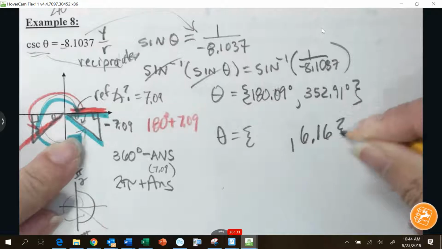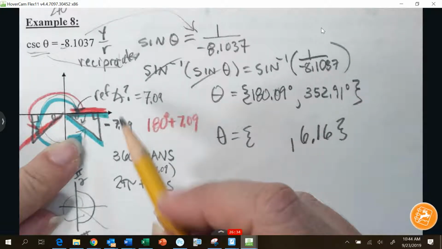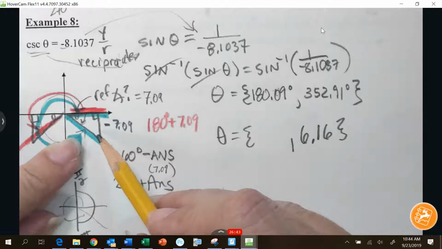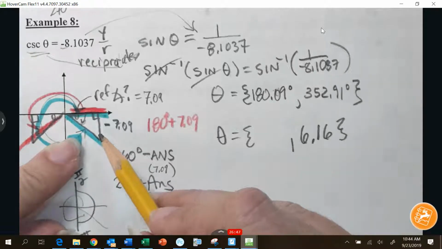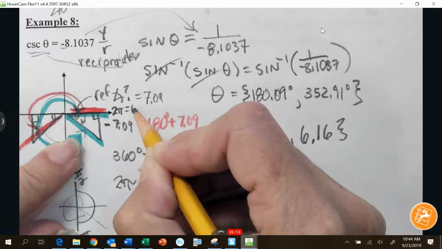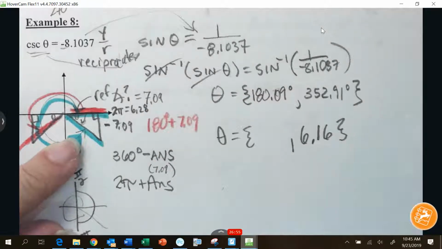Who can tell me why 6.16 makes sense for this quadrant? Liam, I know you can tell me. Because 2 pi is 6.28. Right. 2 pi is 6.28, and then 6.16 is a little bit less than that.